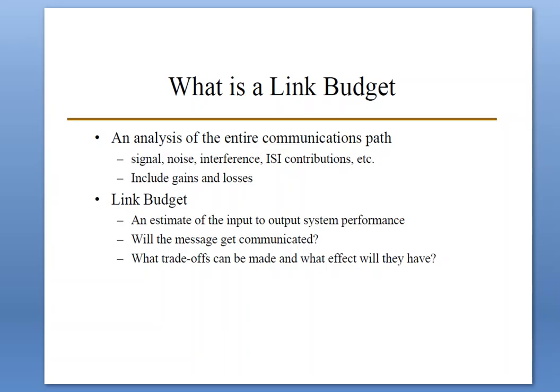No, it is far more than that. The link encompasses the entire communication path from the information source through all the encoding and modulation steps, through the transmitter and the channel, up to and including the receiver with all its signal processing steps, terminating at the information sink.